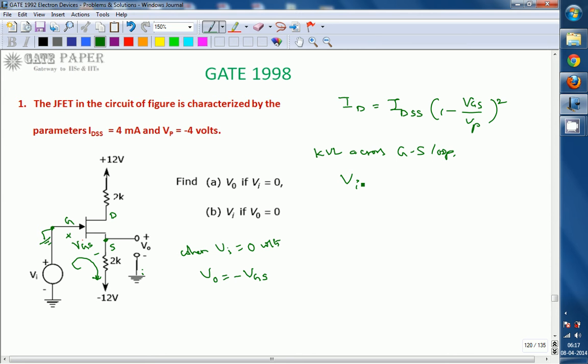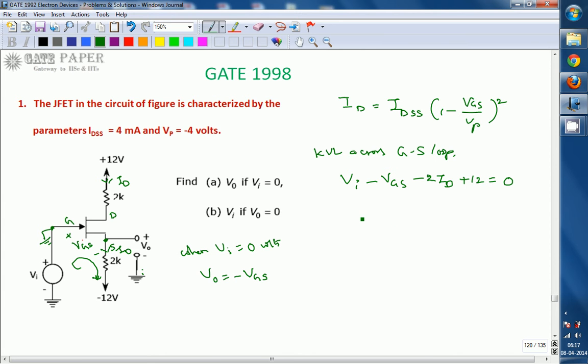What you will get is Vi minus VGS minus 2 times ID, because 2 is the 2 kilo ohm resistor, and the current flowing through it is ID itself. The same current that flows through the drain also flows through the source. So this is 2 times ID plus 12, minus of minus 12 becomes plus 12, is equal to 0.